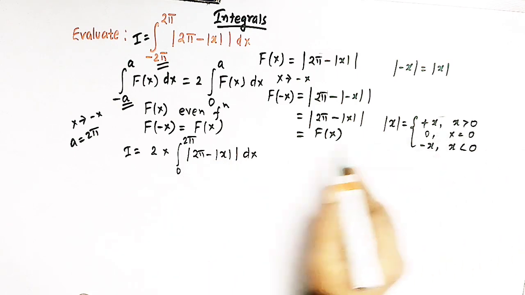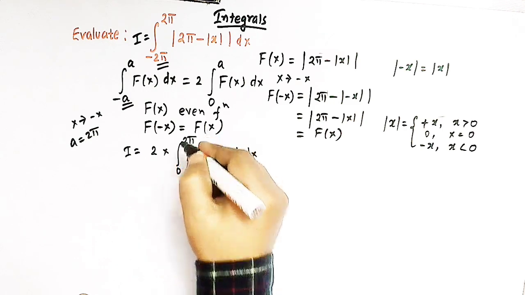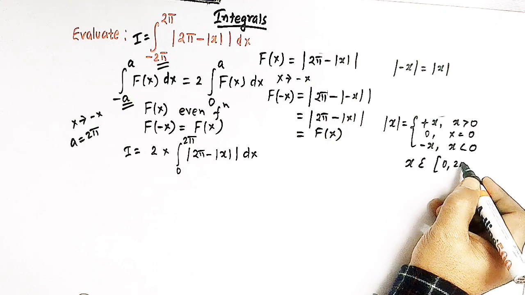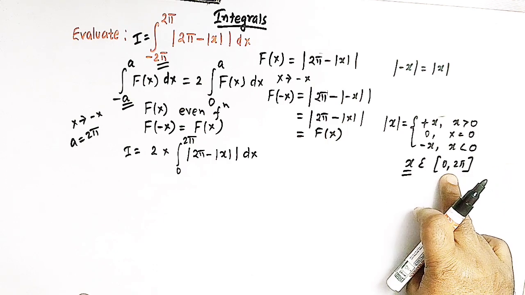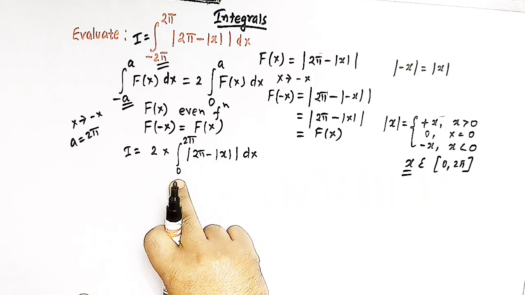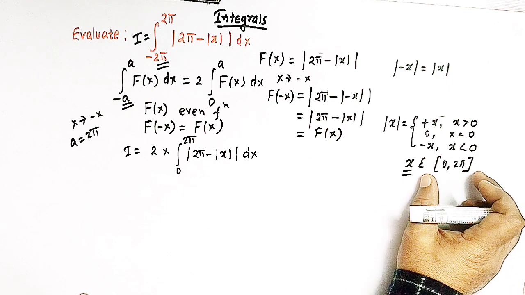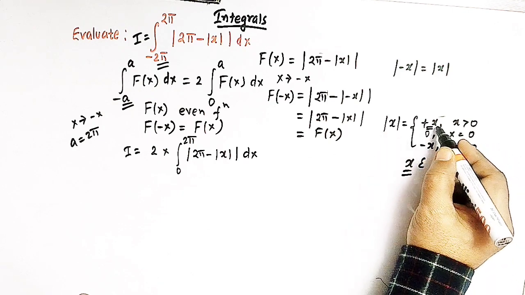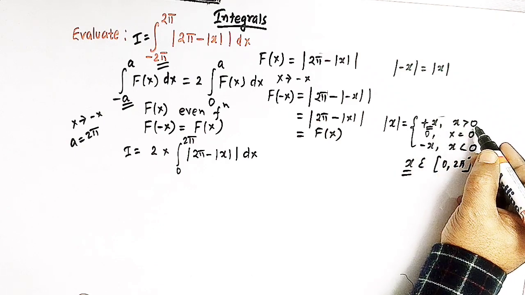So when x belongs to this interval, that is from 0 to 2 pi, then all the x are positive numbers, right? So mod of x must be equal to positive x because x is greater than 0.